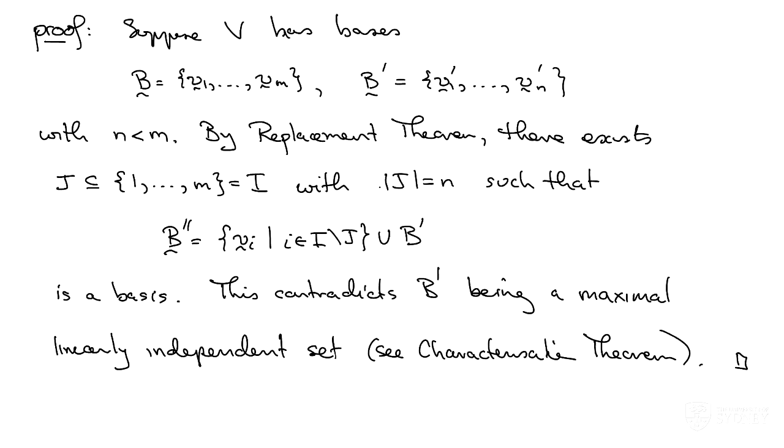You've got a basis, boom, there it is, all those elements, and you've got a linearly independent set over here. And what it's saying is in your basis you can find certain elements, the same number as you have in your linearly independent set, such that if you take those ones out and bring your other linearly independent guys in and put them there, you stay as a basis. That's what it says.